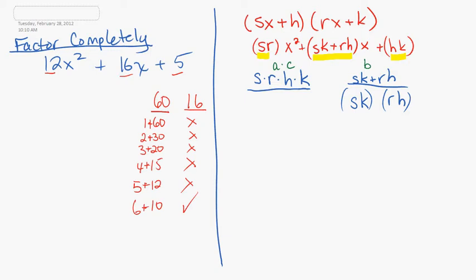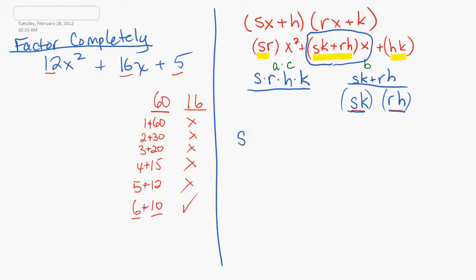So I've identified the two numbers that multiply to ac and add to b, just like I have sk and rh here. So now let me go back to the general step and tell you what I do next. I'm going to take my bx value and break it into two different values, the ones that I found here. So follow along here.